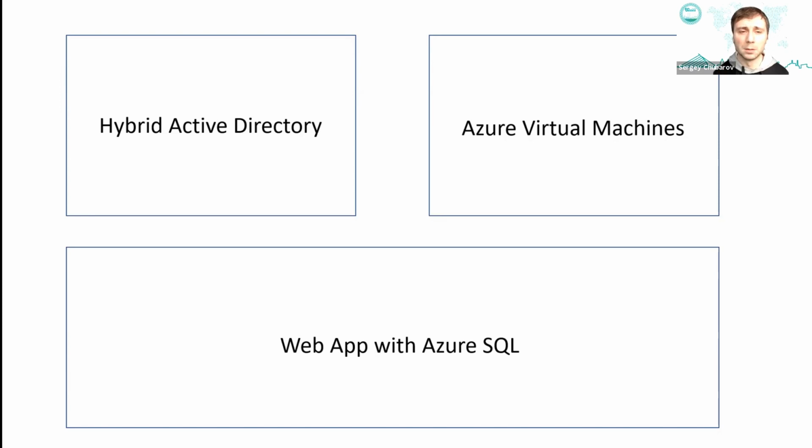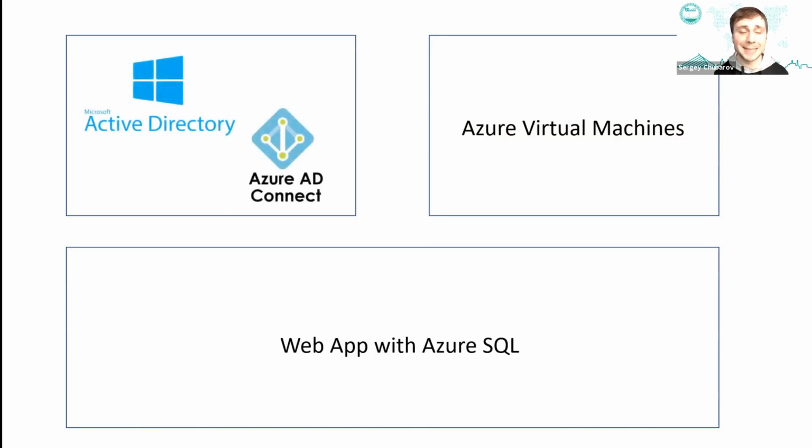That's my agenda. I will have three different types of environments, and I will compromise them one by one, moving from one environment to another. We're going to start from hybrid Active Directory. In my hybrid AD, I have the domain controller, and I have what's called Azure AD Connect.